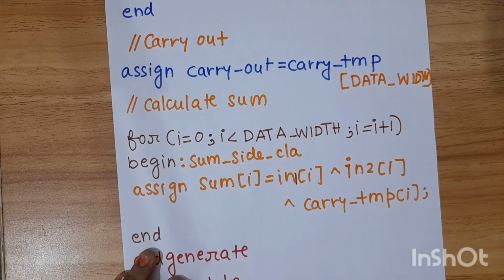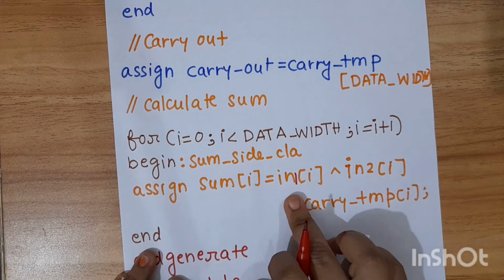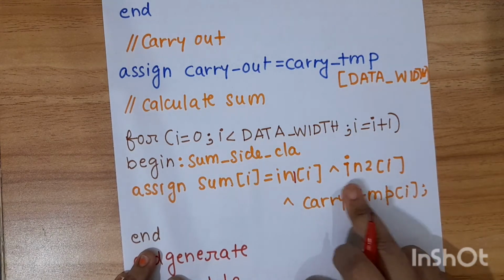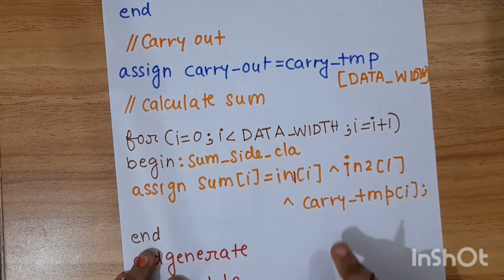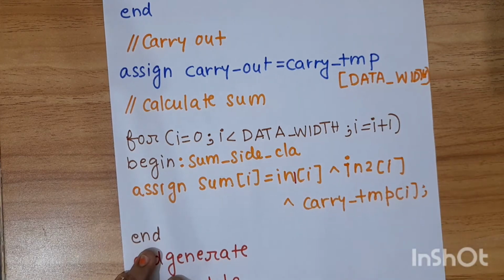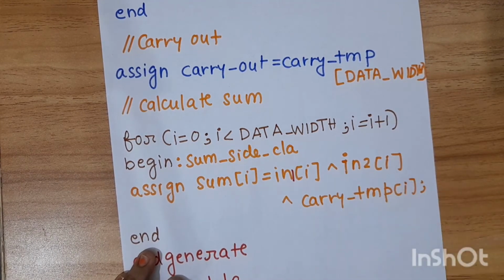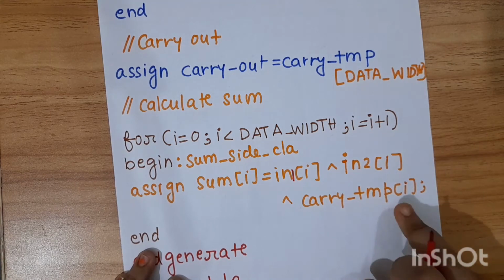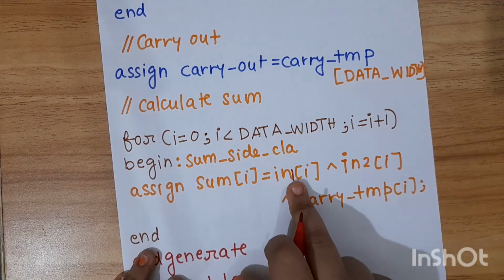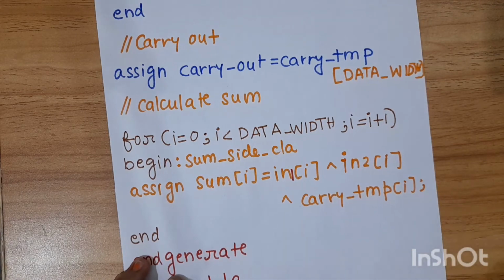If it is in1, in2 and carry in: in1 ith bit exclusive OR in2 ith bit exclusive OR carry_temp i, which would carry the previous carry. For the first stage it would carry the carry in bit. For the second stage when i is 1, carry_temp 1 is for the previous stage, the 0th carry_temp from the previous stage. That would be exclusive ORed with in1 and in2 and will give the sum here.